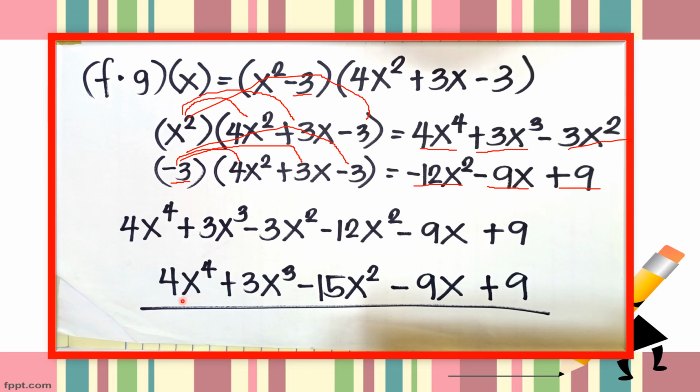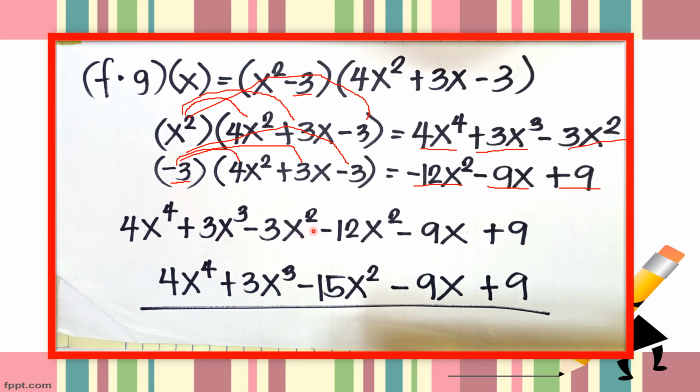Then, combine like terms. Okay? And then, arrange from highest to lowest degree. So, may kasama pa ba tayong term na may x naka-raised to 4? Wala na. So, just simply copy. How about term na may cube? Okay, wala. So, nag-iisa lang siya. That's why we copied it only.